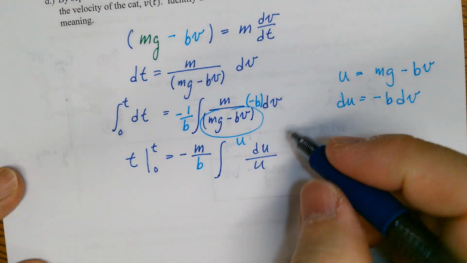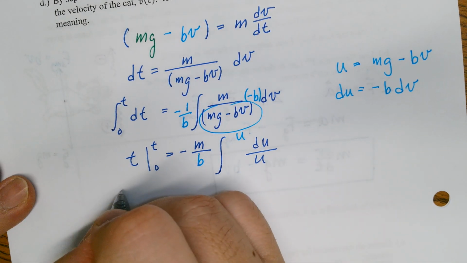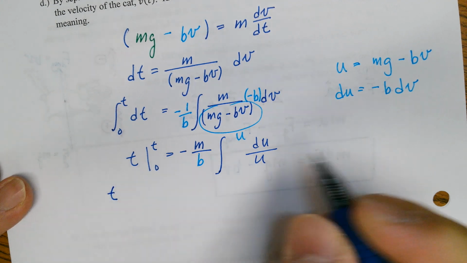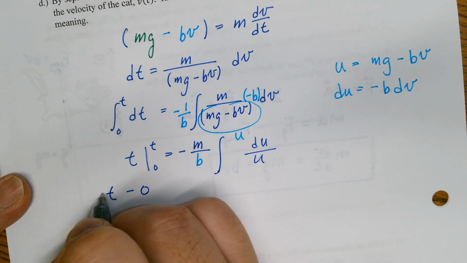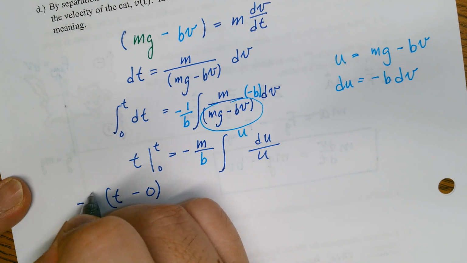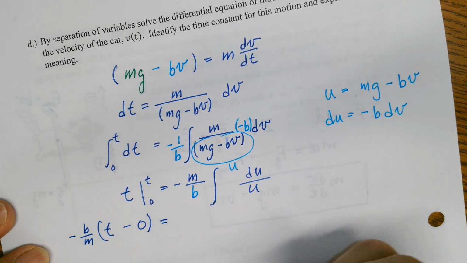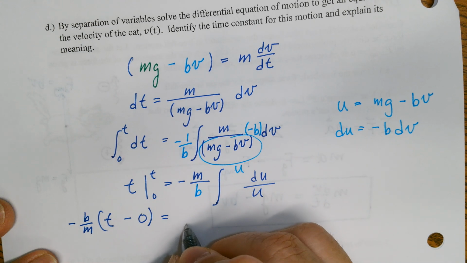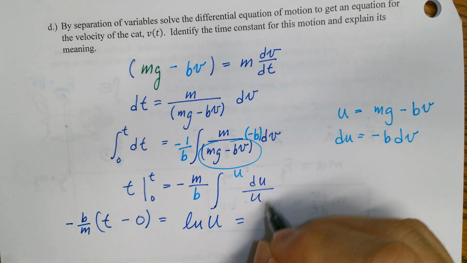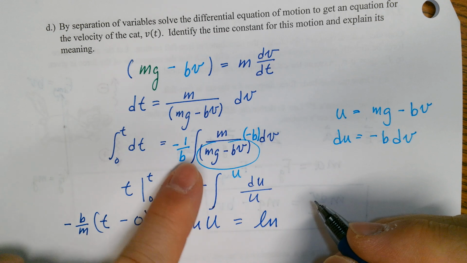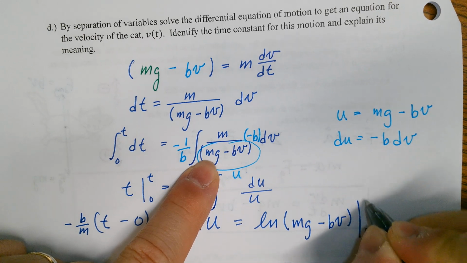Now I'm going to bring this to the other side, and I get t minus 0, times negative b over m, is equal to ln u, which is equal to ln of mg minus bv evaluated from 0 to v.